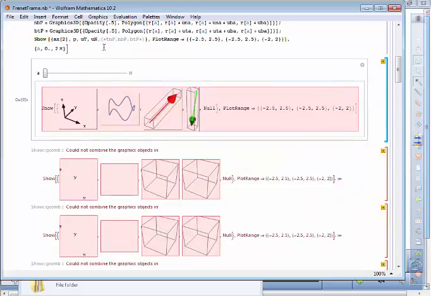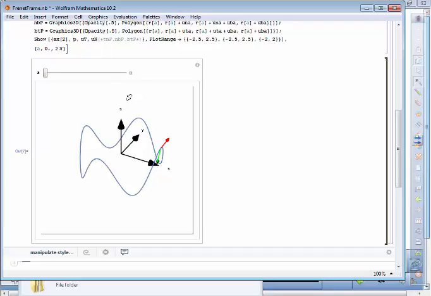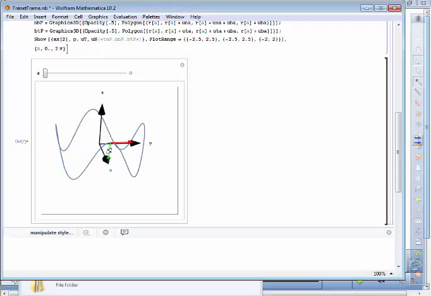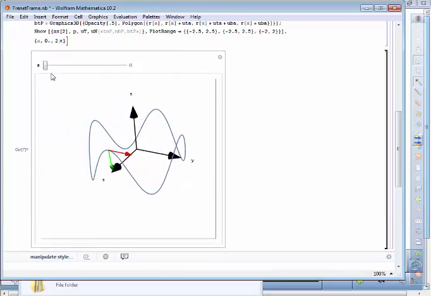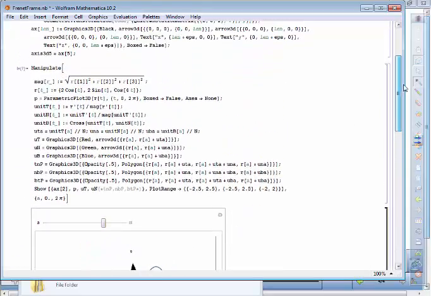There's a comma. So these two vectors now, the red vector and the green vector, are just the tangent vector and the normal vector. This is really a little bit more complicated than we probably should be looking at.